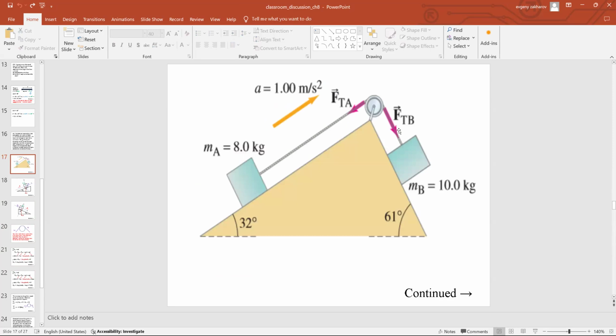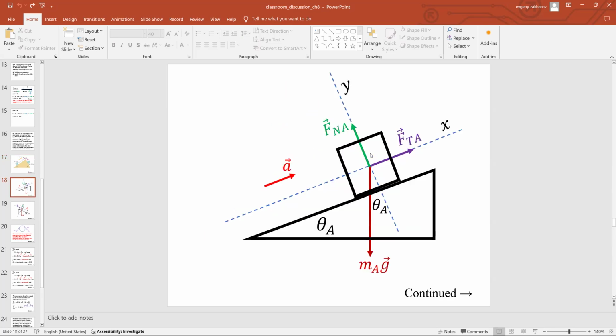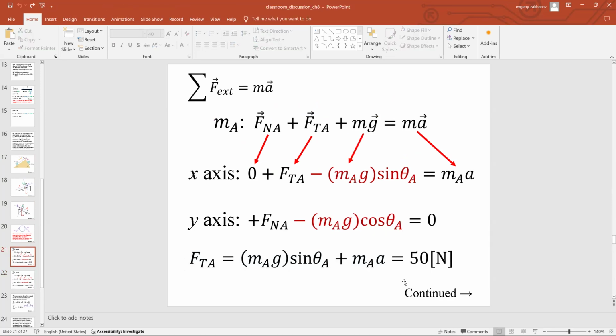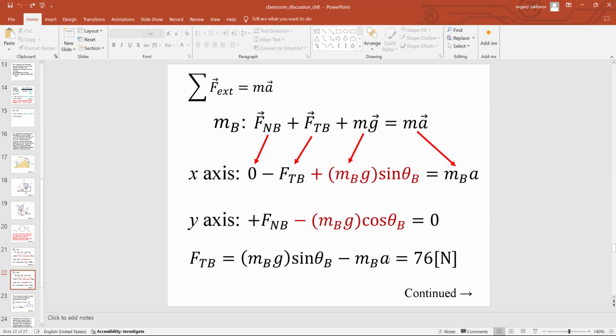You need this tension force being greater than tension in A because the overall rotation is clockwise. So F sub TB wins over F sub TA. The whole system, block B goes downward and block A goes upward. So 76 wins over 50.